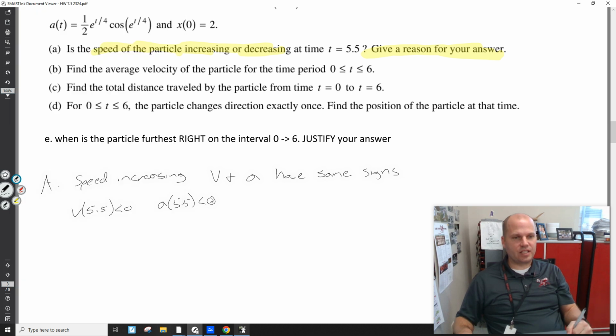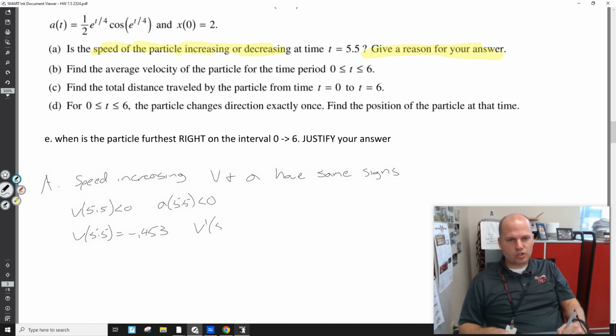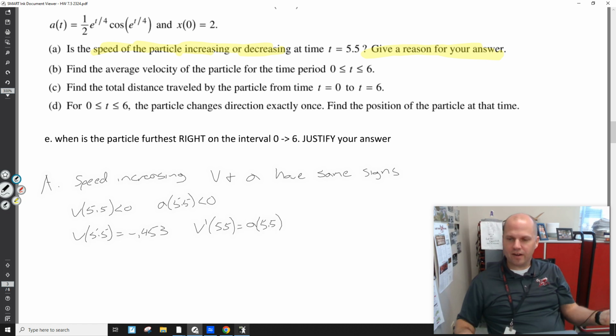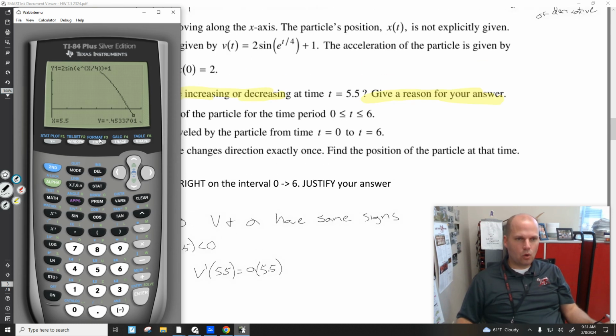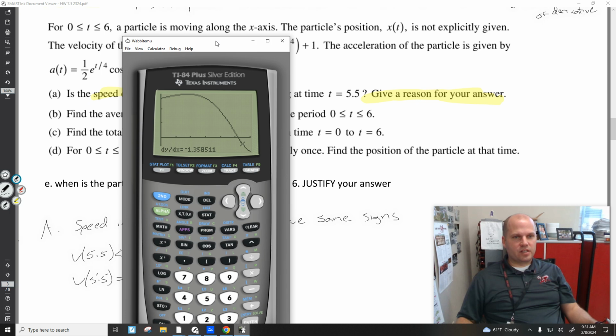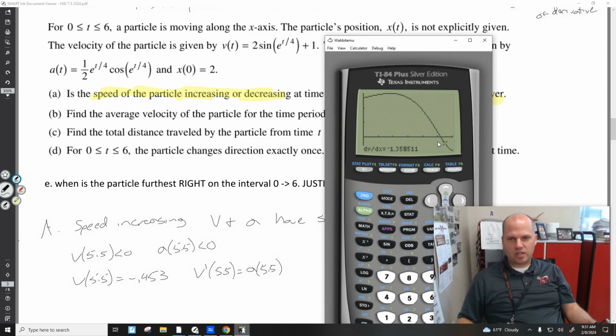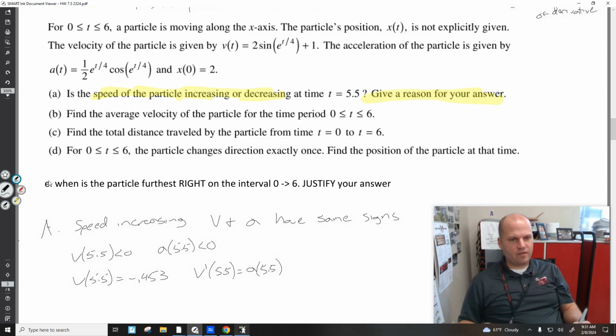Well, this is the velocity value, -0.453. And the acceleration value is the derivative of the velocity. How do I find a derivative? Well, I have the derivative equation, so I could use it, or I could use second calc to find my derivative at 5.5. If I plug 5.5 into this equation, I would get this value, negative 1.358.